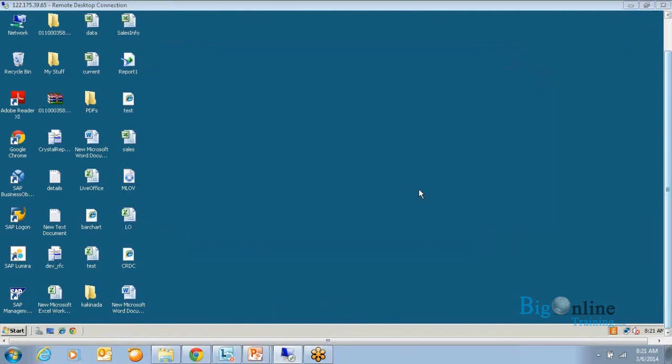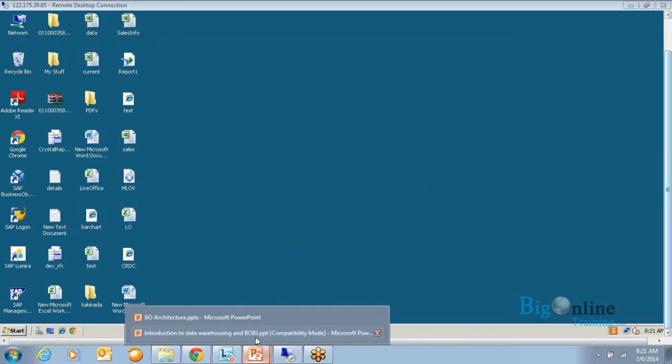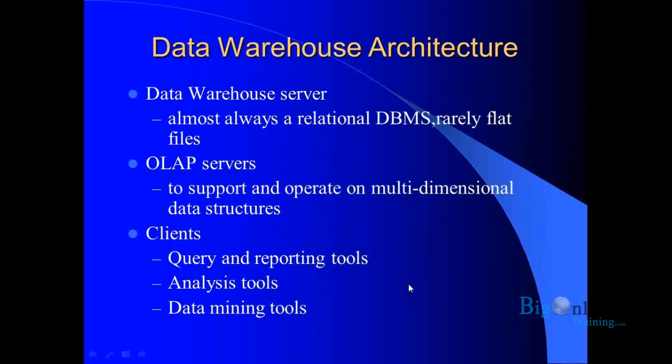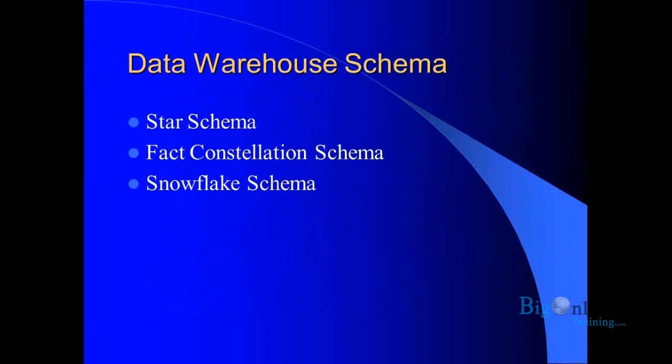Okay. So again, to get more knowledge on dimensions and facts, how they are stored in backend data warehouse, everything is explained in this slide which I'm going to share. You can see what is the difference between OLTP and OLAP, how the table structures in data warehouse like star schema, extended star schema, and snowflake schema.